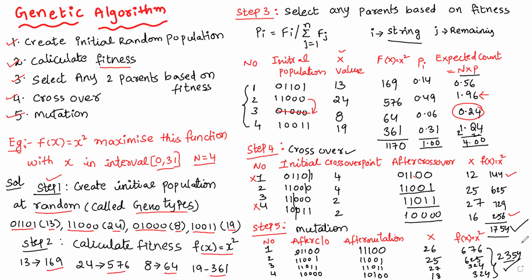So when you observe these values, the first value is 1754 and the second value is 2354. When the values are increasing, we say our algorithm is going in the correct manner.